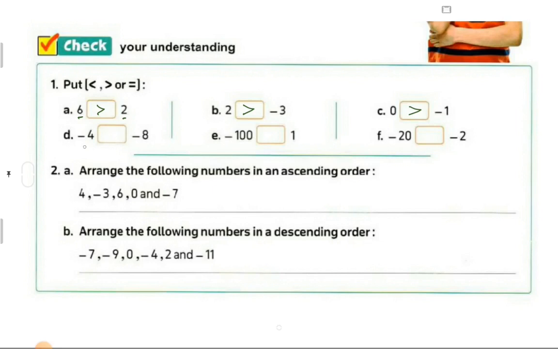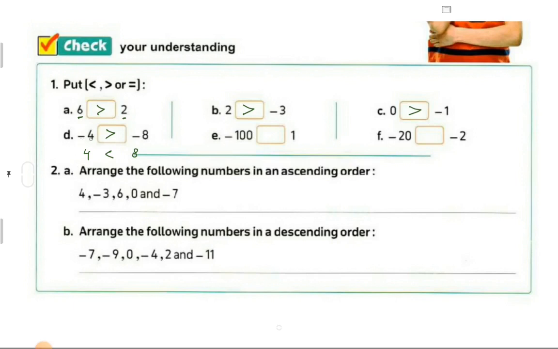Okay? So here we have two negative integers. Now, note that 4 and 8, of course, 8 greater than 4. But with the negative sign, it's opposite. So minus 4 or negative 4 greater than negative 8, because negative 4 is to the right of negative 8. Okay?